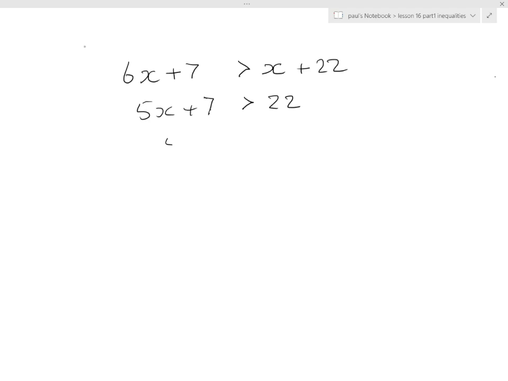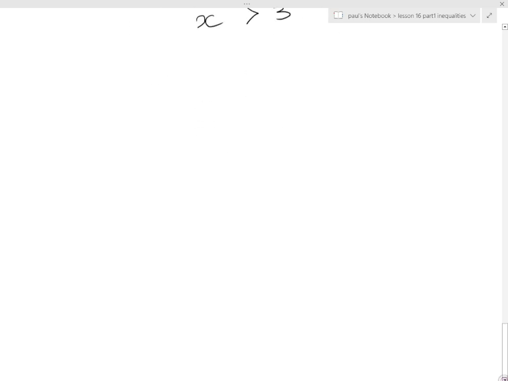Subtract 7, so 5x is less than 15. See, all I'm doing is just copying this sign, making sure it's the right way around. Divide by 5. 15 divided by 5 is 3. Okay, so that's exactly the same as linear equations.